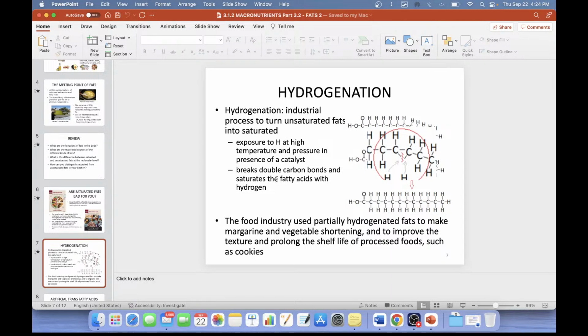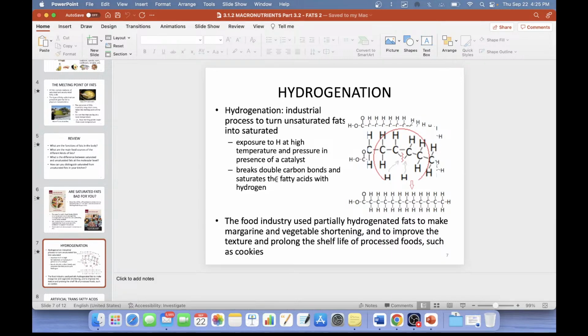So when you do that with an unsaturated fatty acid, you break the double carbon bonds. When you break the double carbon bonds, two of the carbon atoms gain bonds that are free to link up with hydrogen.